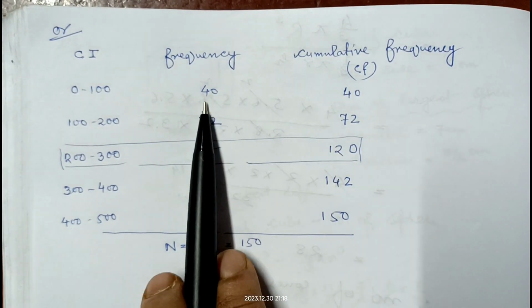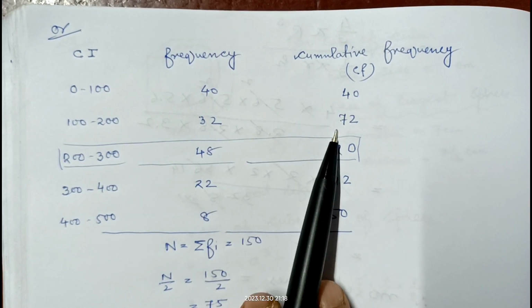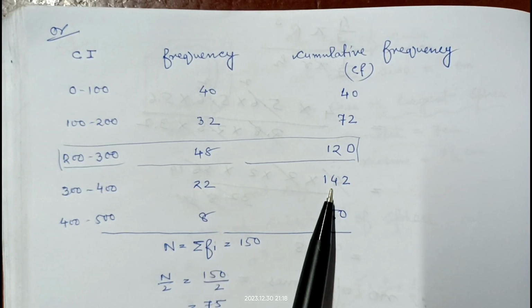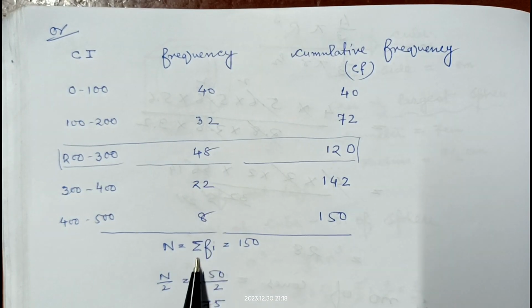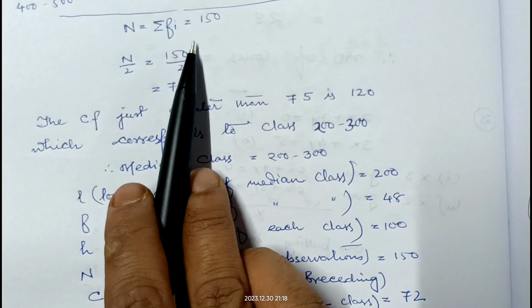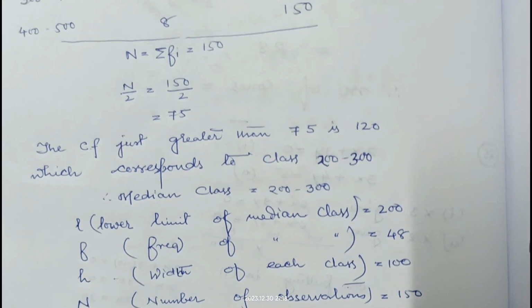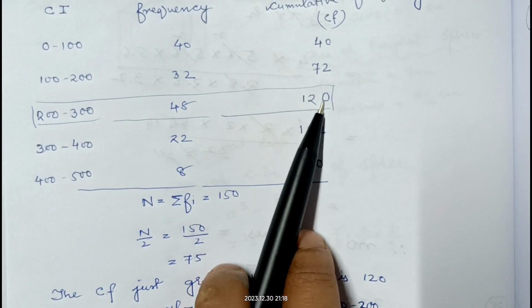For cumulative frequency, 40 will remain 40, 40 plus 32, 72, 72 plus 48, 120, plus 22, 142, plus 8, 150. So, sum of all the frequencies is 150. N is 150, so n by 2 is 75. Now, the cumulative frequency just greater than 75 is 120.